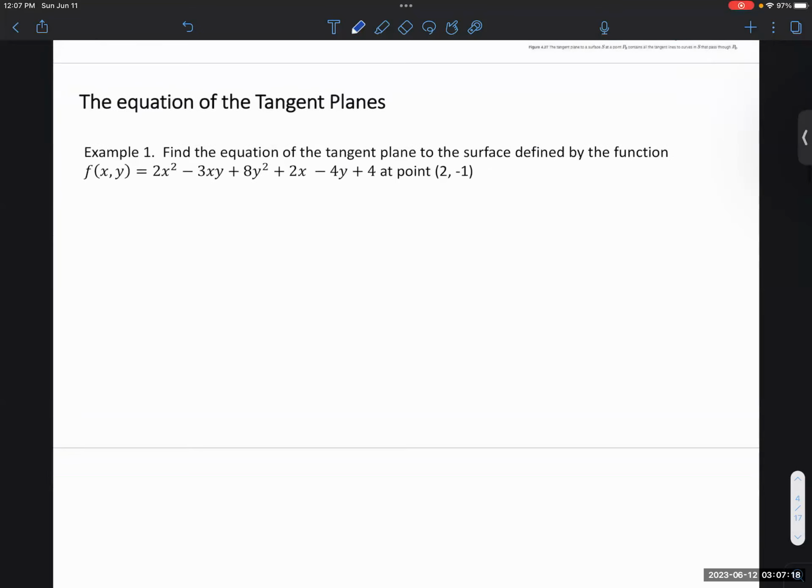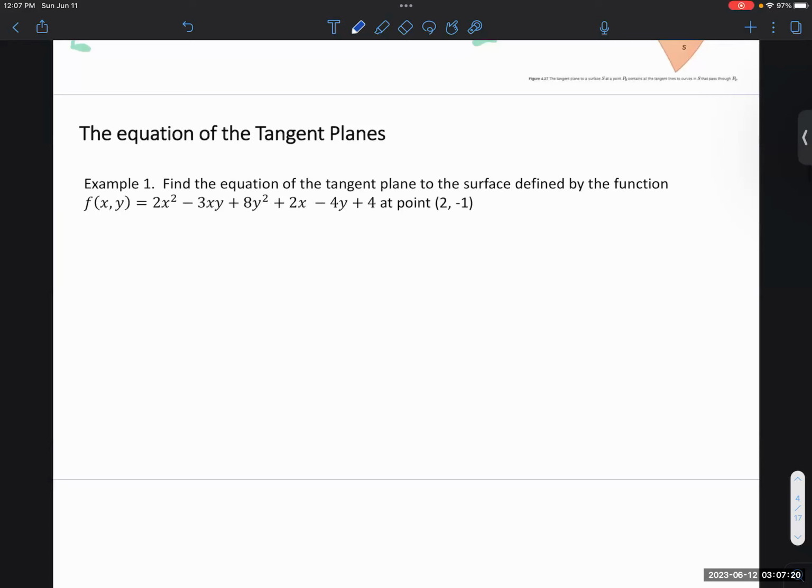I'm going to write it. The equation of the tangent plane is z equals f of x0, y0, plus the partial derivative f sub x at x0, y0 times x minus x0, plus f sub y at x0, y0 times y minus y0.